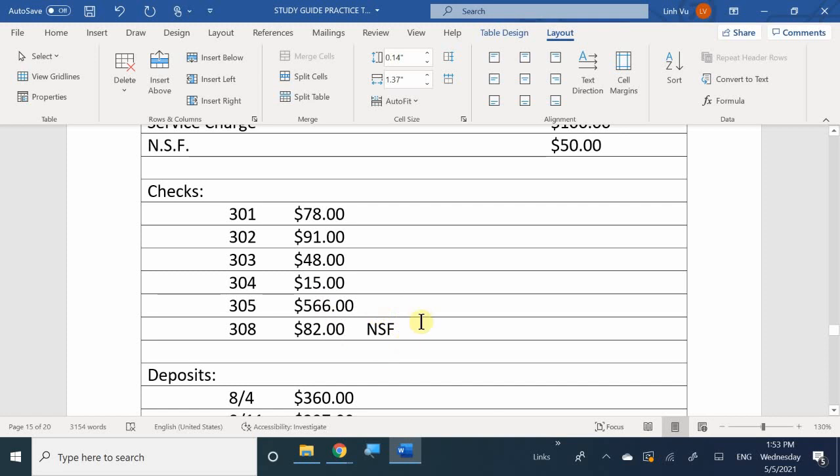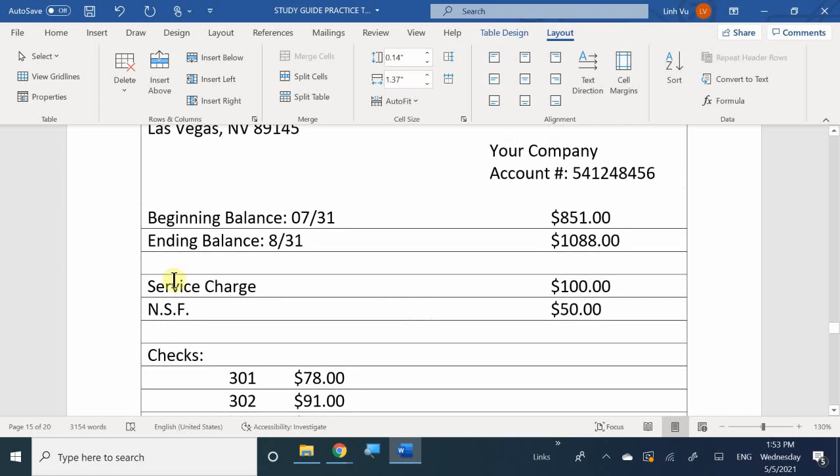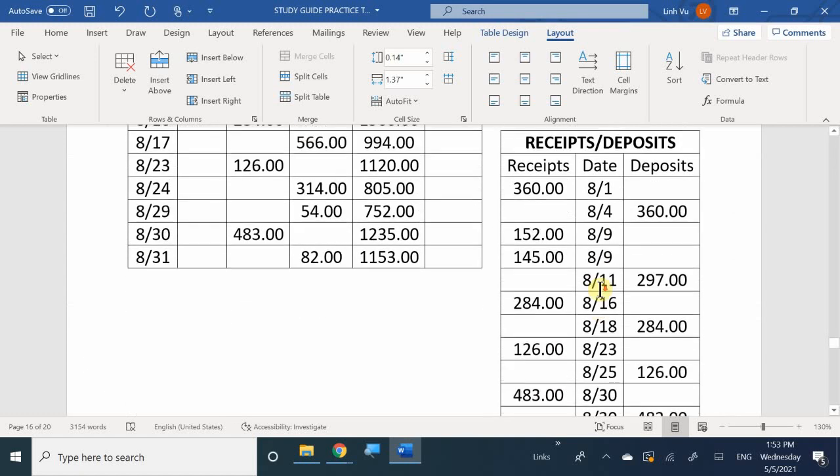We didn't have enough money in the bank and they charged us. So therefore, how much did they charge us? At the very top, you have your service charges and you got charged for writing an NSF check. So in this case, $100 for services and $50 for that NSF charge.